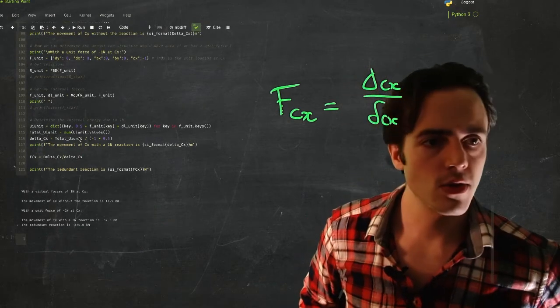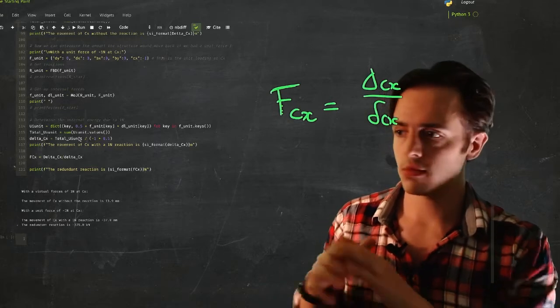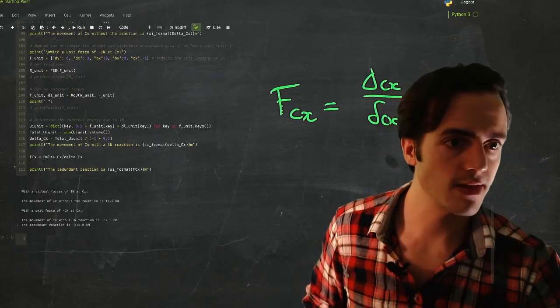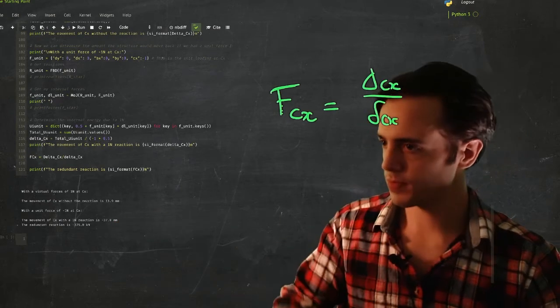Okay, so this has told me that for the real loading on this structure, that's my redundant reaction. That's how much my reaction FCx is equal to.